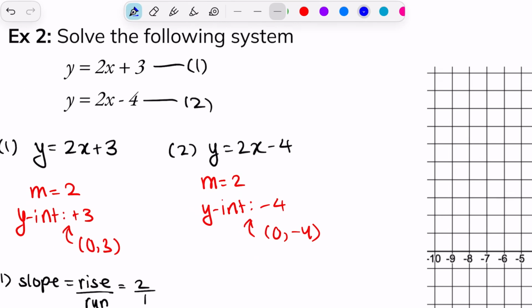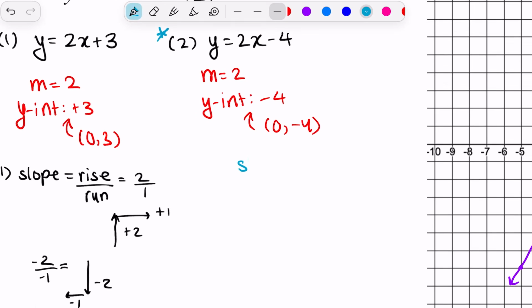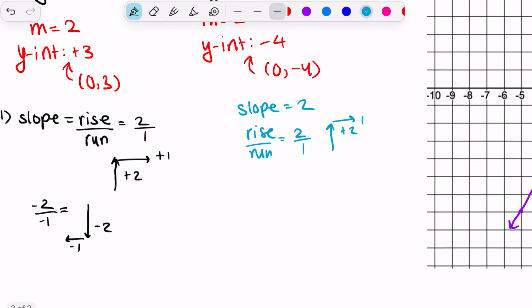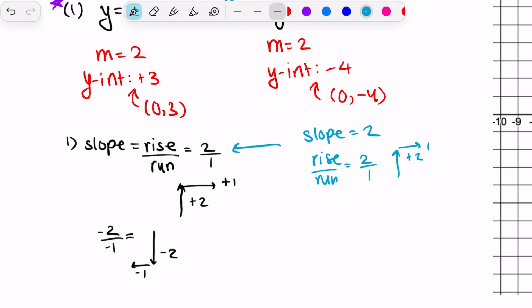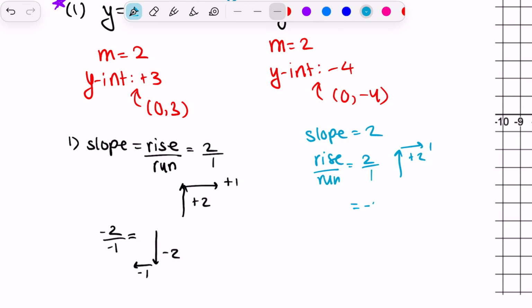Now, if we take a look at our second line, our slope is 2, so we can say rise over run is 2 over 1, which is up 2 and to the right by 1. It's the same thing here because the slope is 2, but I'm still going to write it for you. This is negative 2 over negative 1, so we go down by 2 units and to the left by 1.